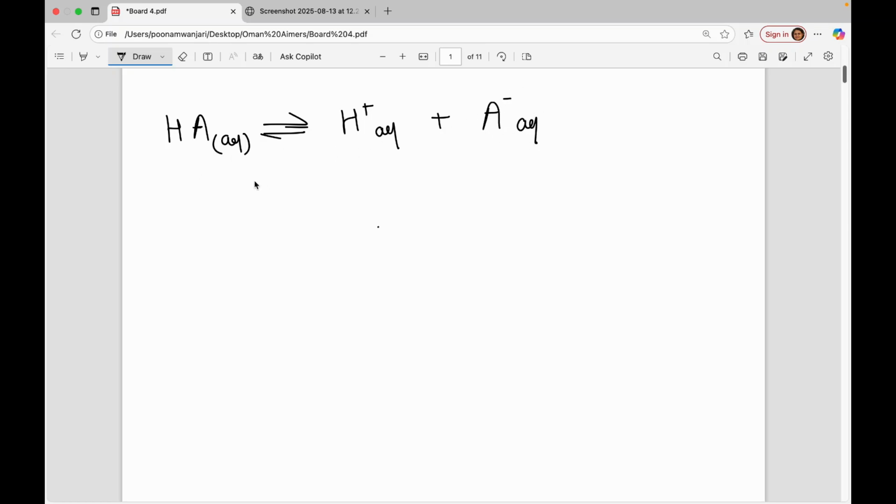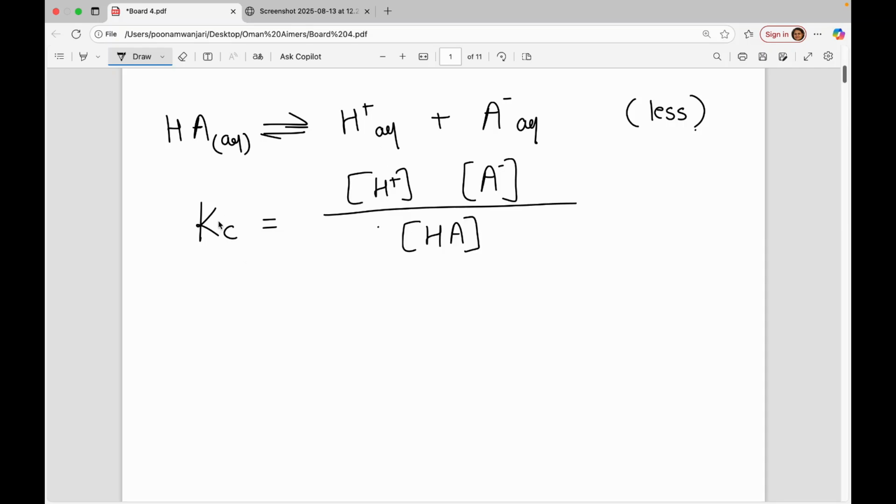Now as it is a weak acid, the extent of ionization is less. So on this equation, students, we will apply the law of mass action to find its equilibrium constant. So here I will write Kc. Kc is equal to, as we know, when we write an equilibrium constant, the product of concentrations of products divided by reactants.